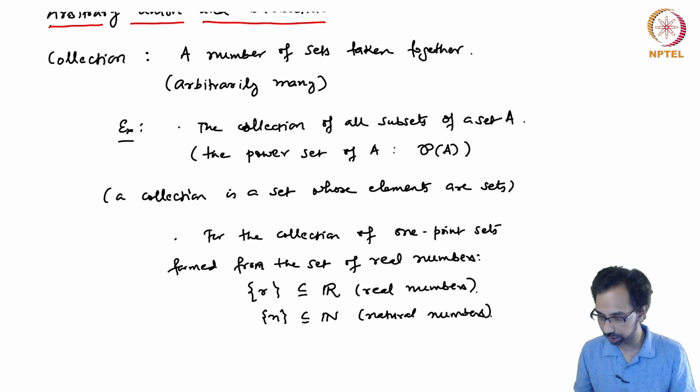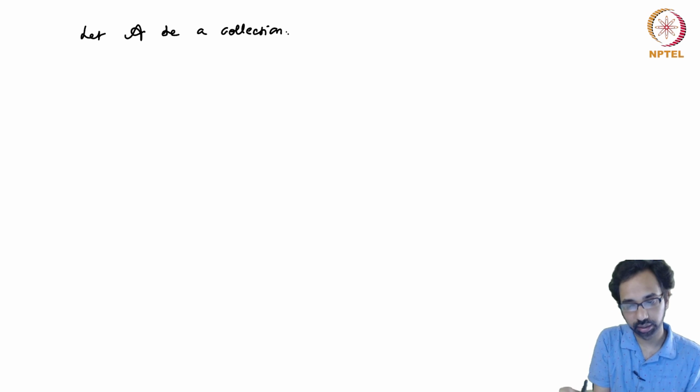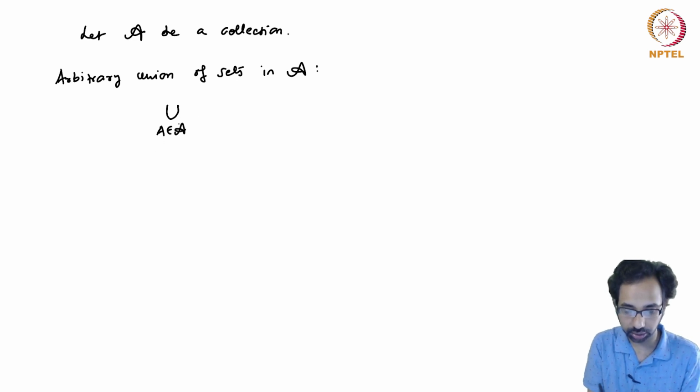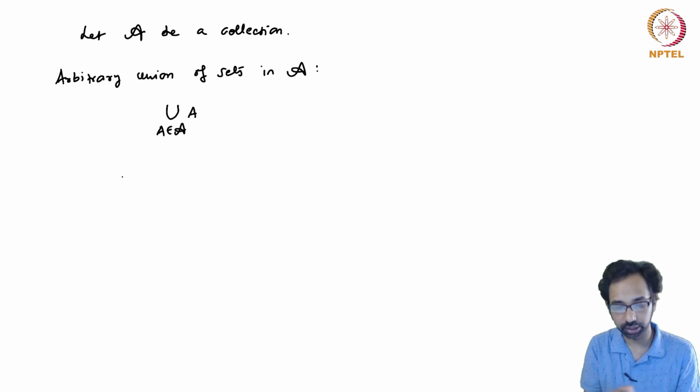So when we have a collection, let A be a collection, then we can form the arbitrary union of sets in this collection A, and this is usually denoted by something like this: union over A in this collection, with these elements which are themselves sets. Okay.